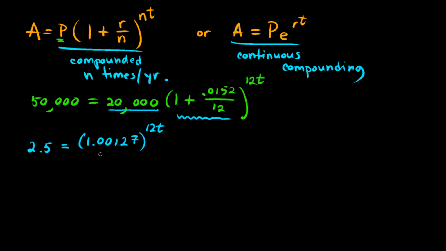Okay, so just like the other problem, we've isolated the base to the power. Whenever we've isolated it, we want to introduce logarithms and use the power rule. So we're going to have ln 2.5 equals. Now when I use the power rule, I'm going to move the 12t in front of the ln of that parentheses.